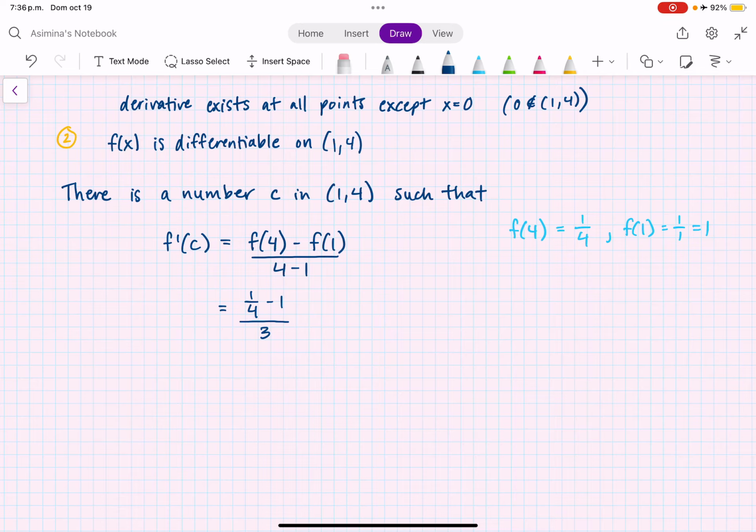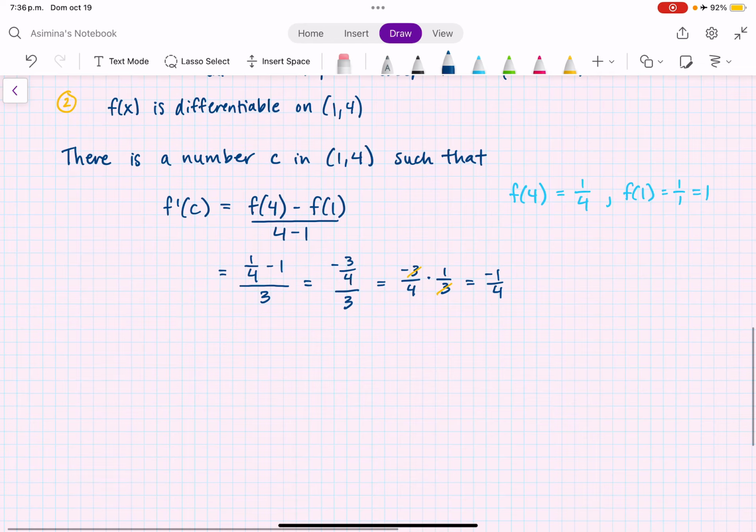What is 1/4 minus 1? That's minus 3/4. So we have minus 3/4 over 3. So minus 3/4 divided by 3 is the same as minus 3/4 times the reciprocal of 3. So that's times 1 over 3. So we see that the 3's will cancel out, and we get minus 1/4.